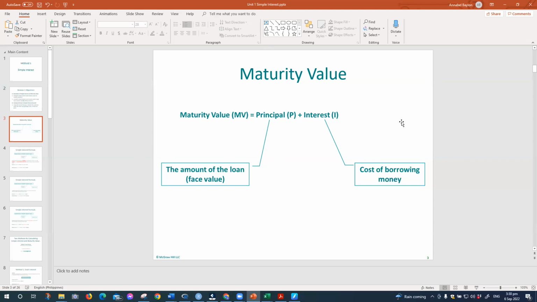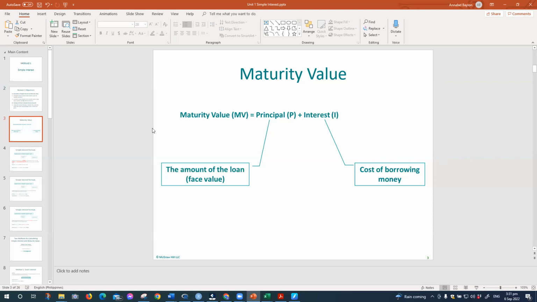So the interest is a function of the principal, the interest rate, and the time, the period. So if you know the principal, the rate, and the time, then we are able to compute for the interest.